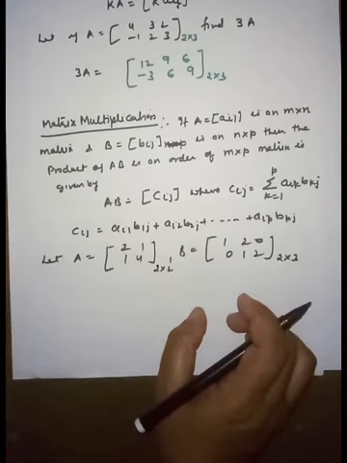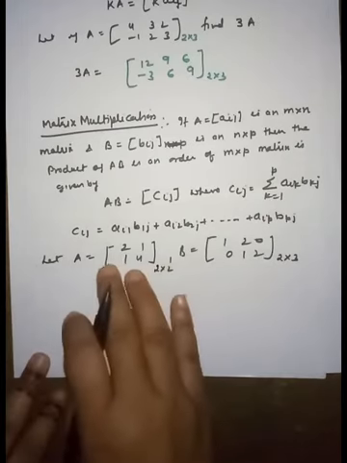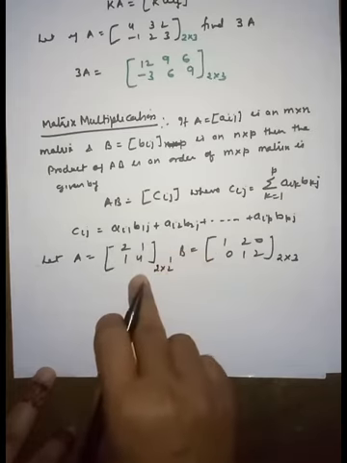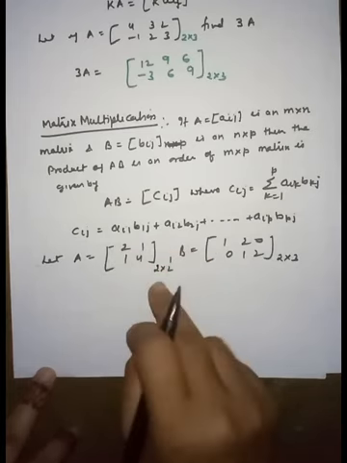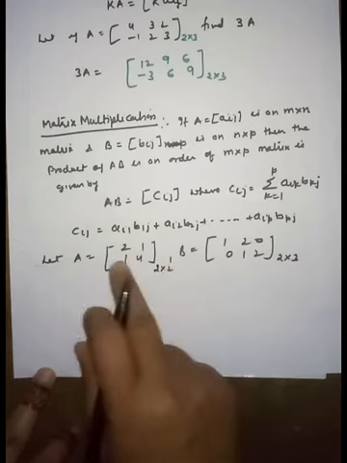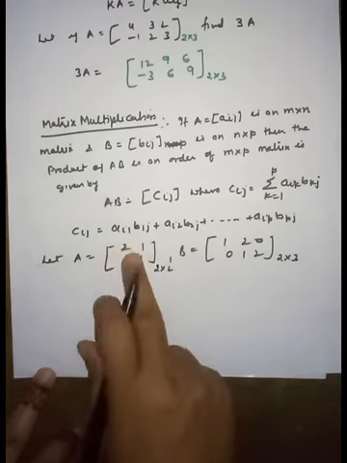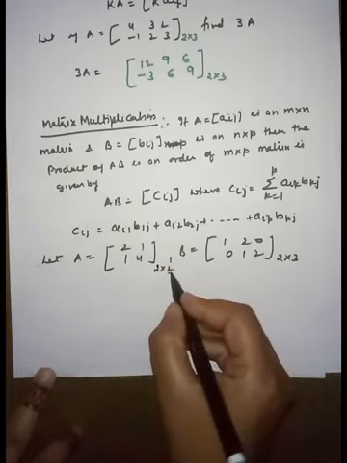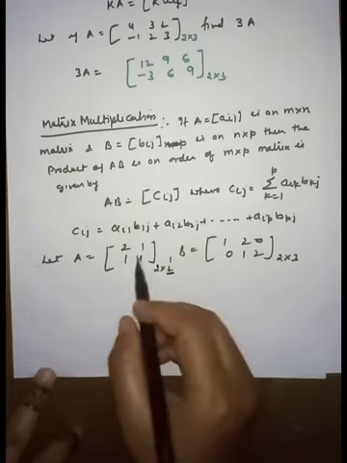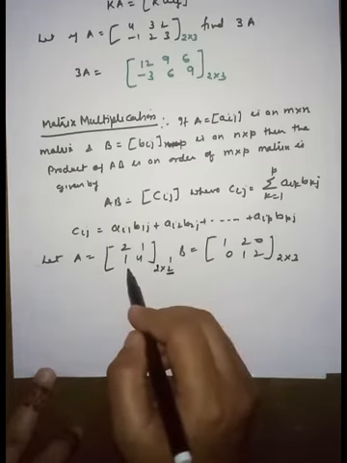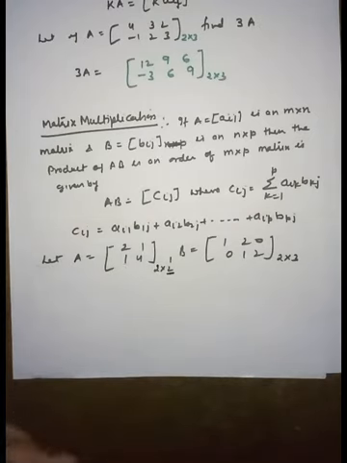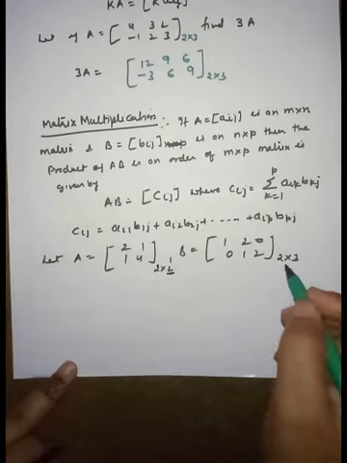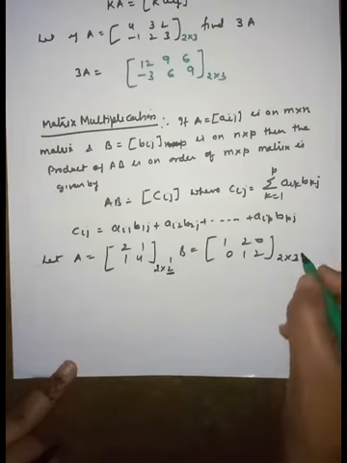Now friends, matrix multiplication is possible when the number of columns of the first matrix, suppose A, must equal the number of rows of the second matrix.